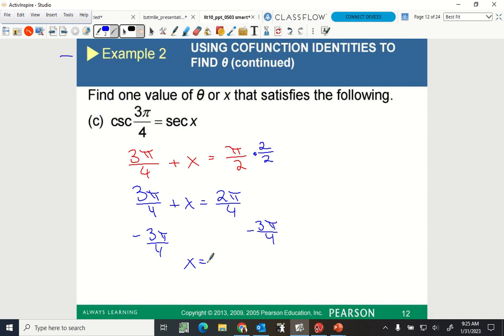Because I have 2 minus 3, so that's a negative 1. Negative 1 pi over 4. Are we good? Easy, hopefully? Okay.